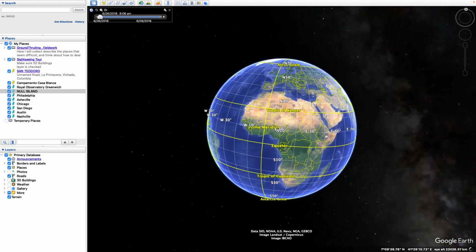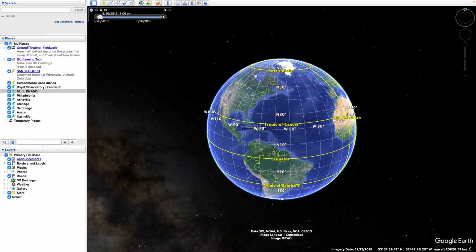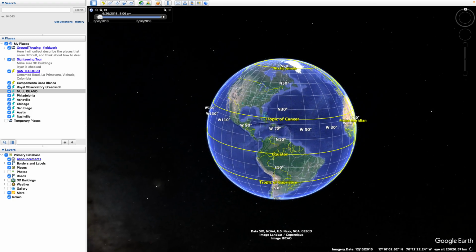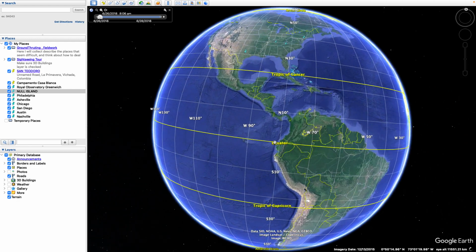Then the northern western hemisphere includes all of North America, a small part of Western Europe, this corner in Africa, and up to the northern part of South America.